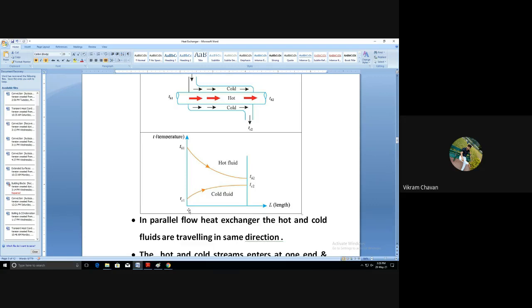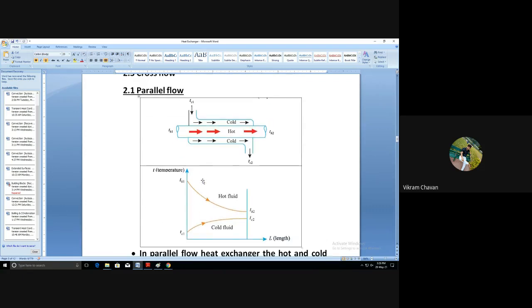Is everyone getting what is meant by parallel flow heat exchanger? You can draw this diagram for the parallel flow heat exchanger.